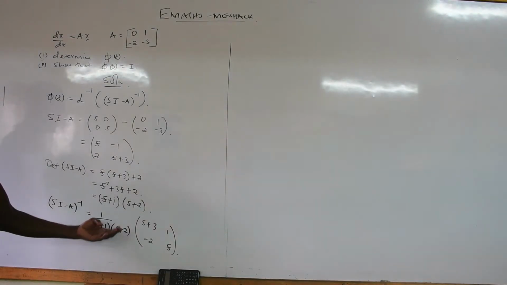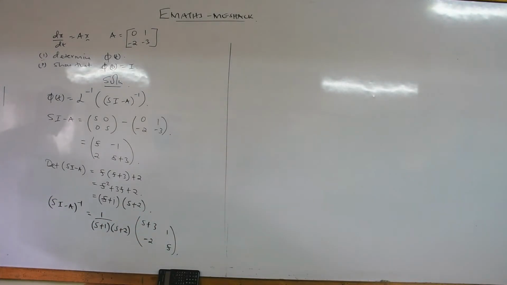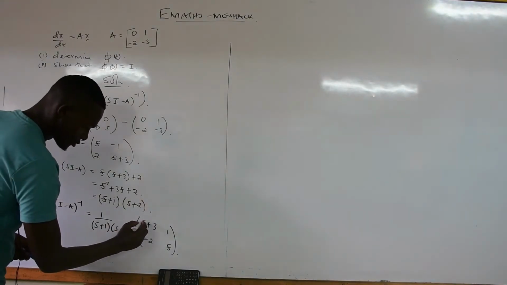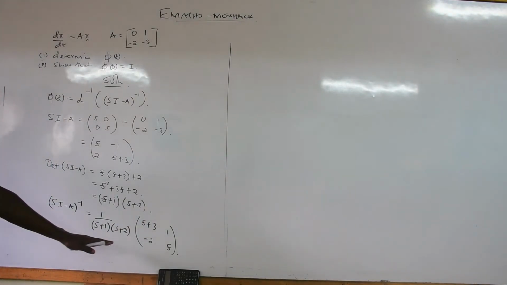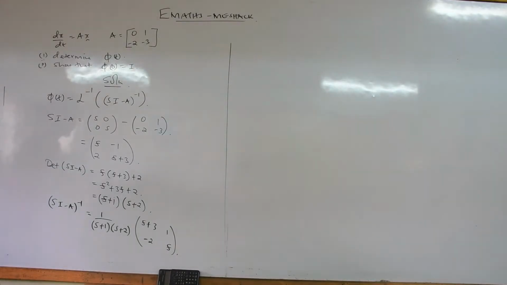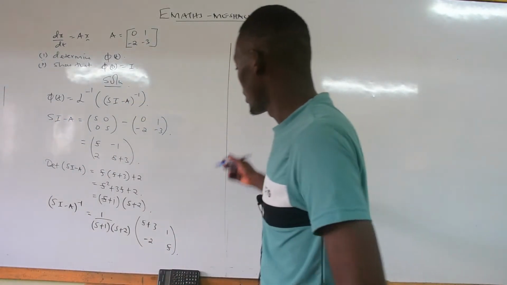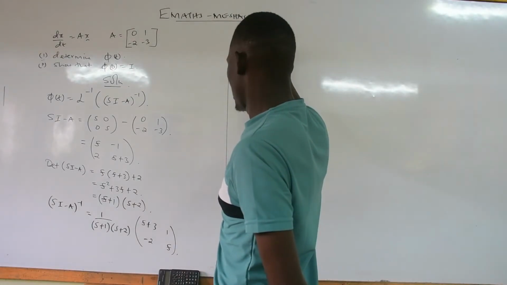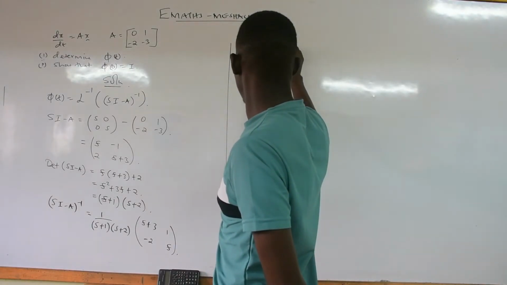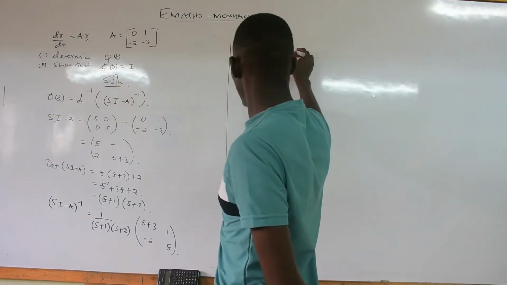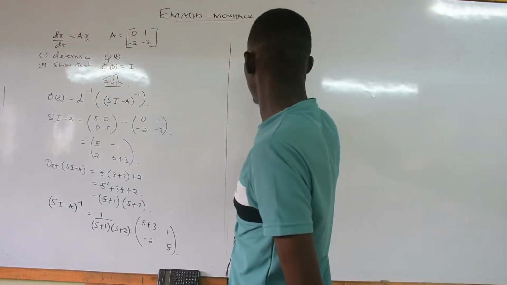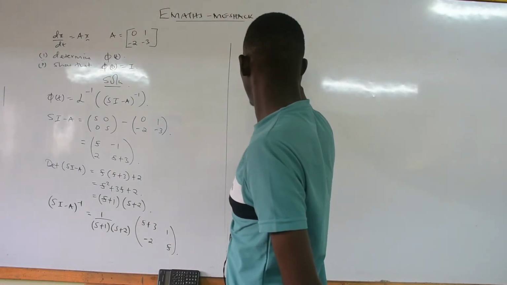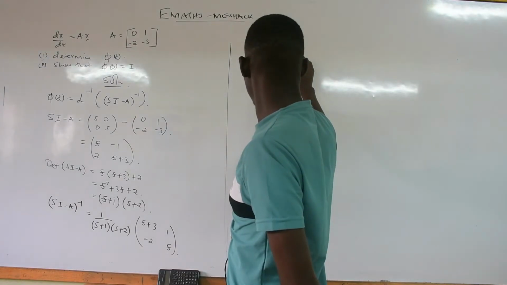Now the determinant can open the bracket and multiply with every value inside the bracket. So this gives us (s plus 3) over (s plus 1)(s plus 2).